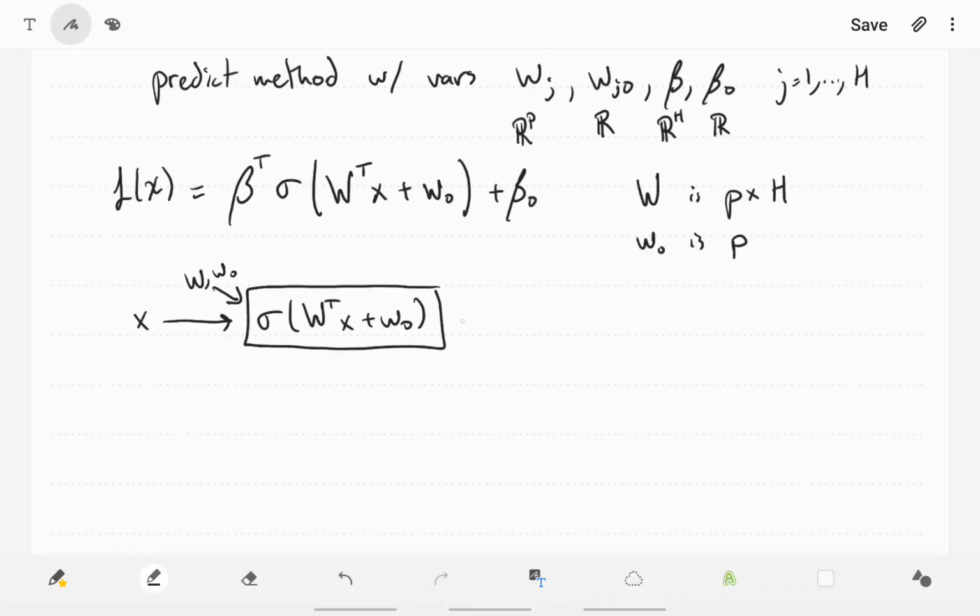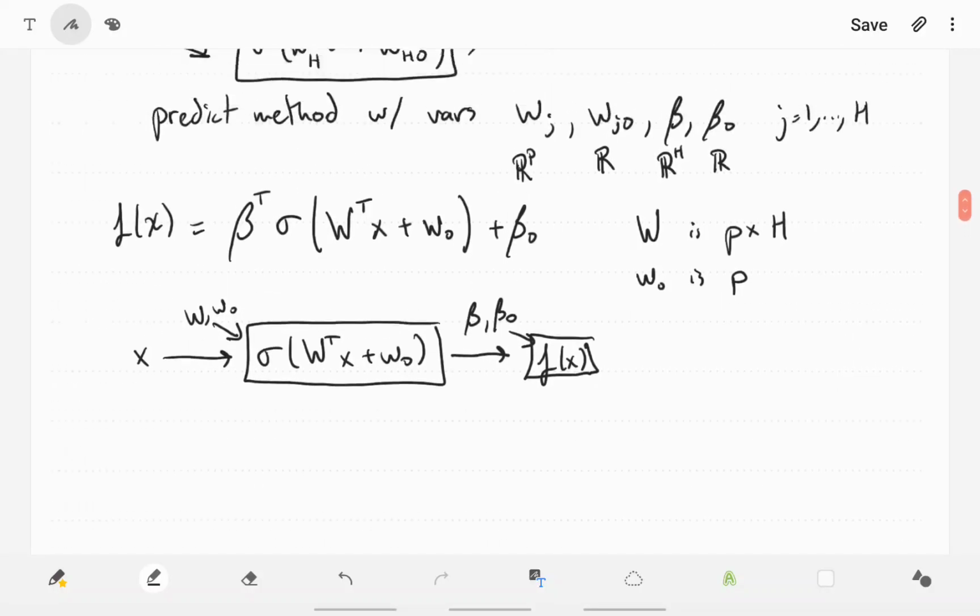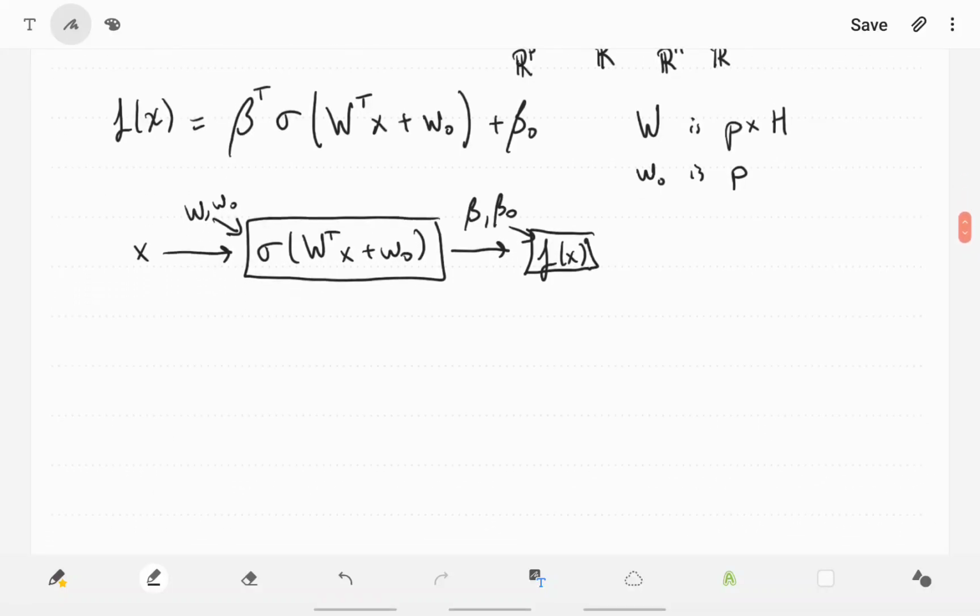Then the output of this goes through beta and beta naught, which gives us f of x. So x first undergoes one possibly nonlinear operation, and the output of that undergoes a linear operation. The sigma is called the activation function.